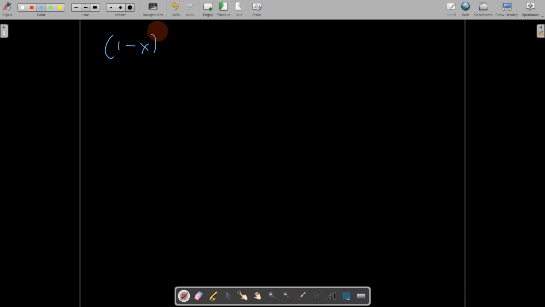1 minus x power minus n is equal to n choose 0. So n choose 0 is nothing but 1. I can write it as 1 x power 0 plus, this was a minus sign, right? So that would be minus n choose 1 x power 1, and this n is substituted by minus n.